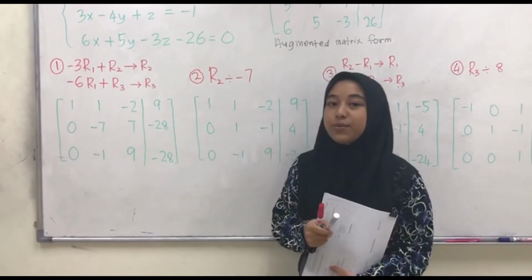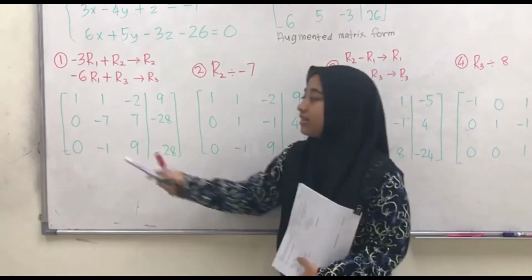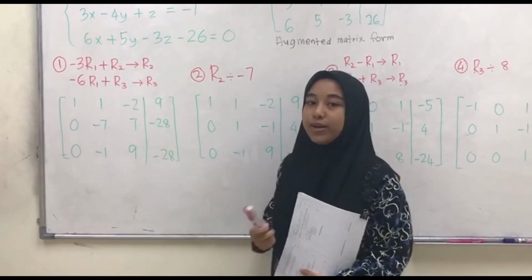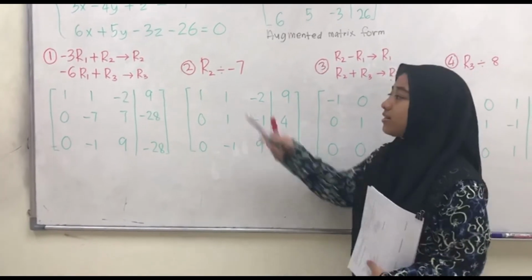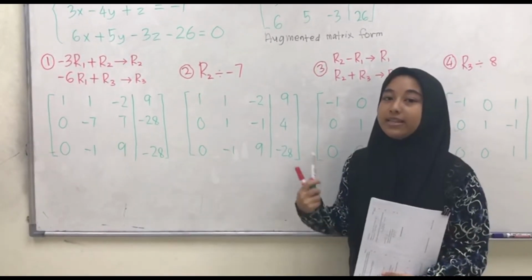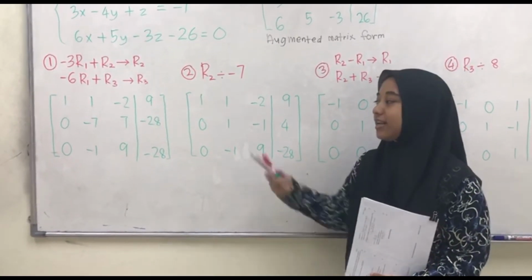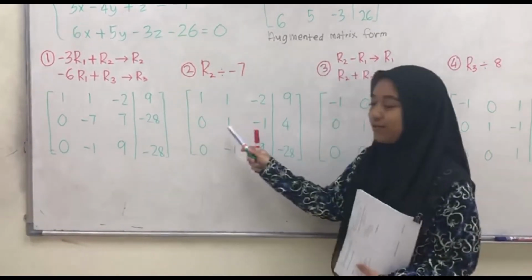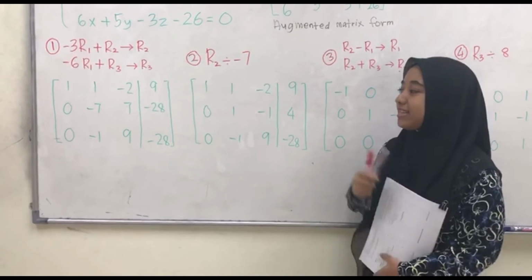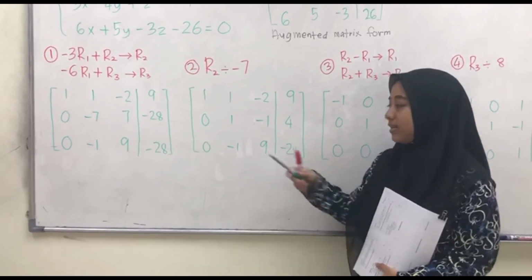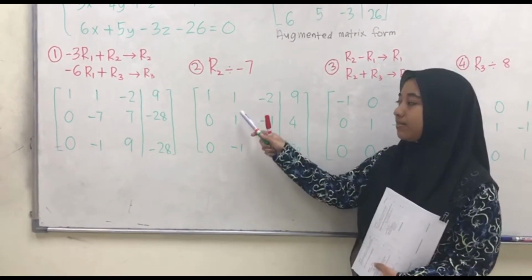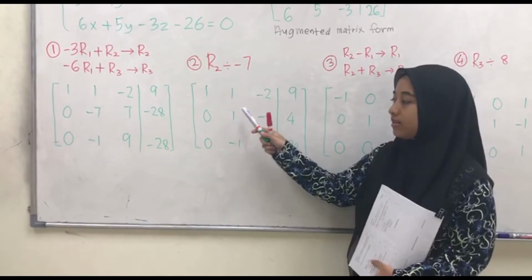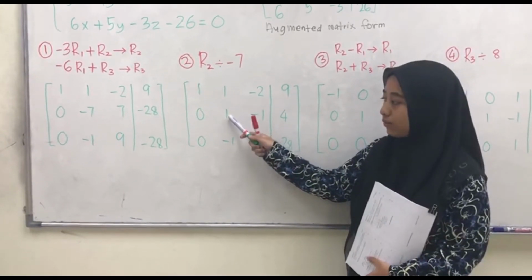Okay, next, we are going to make negative 7 become 1. How? Row 2 divided by negative 7 and then we will get 1 here. As we can see, negative 7 becomes 1. Next we are going to make 0 for the numbers above the leading entry 1 in row 2.